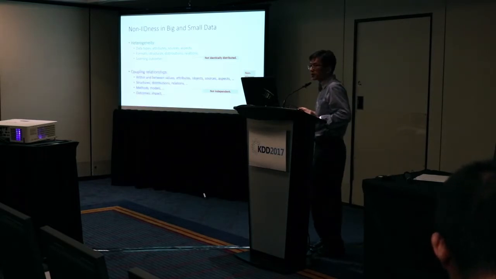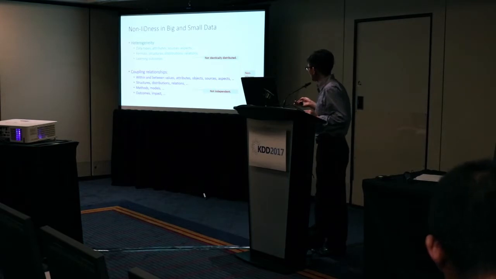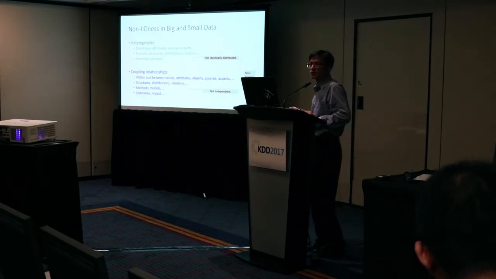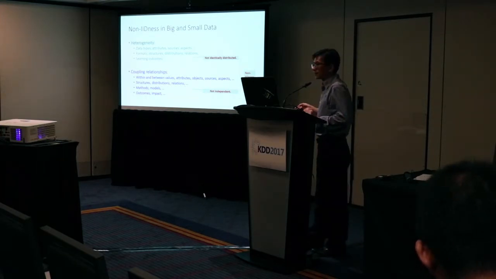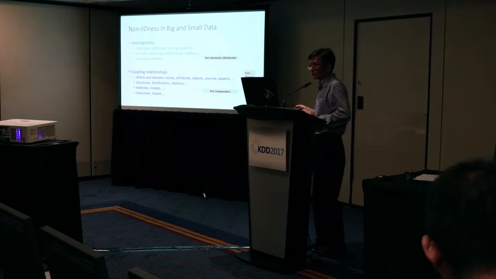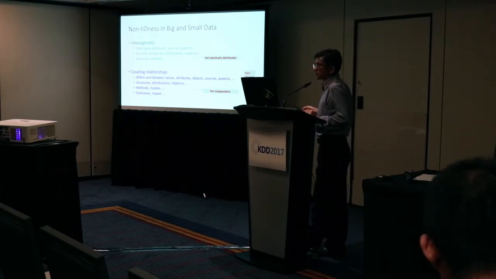And the other term is not independent. It's something we call coupling relation. We know in cybernetics and in statistics we have this term coupling, right? It's used in those areas, and I will explain this later.